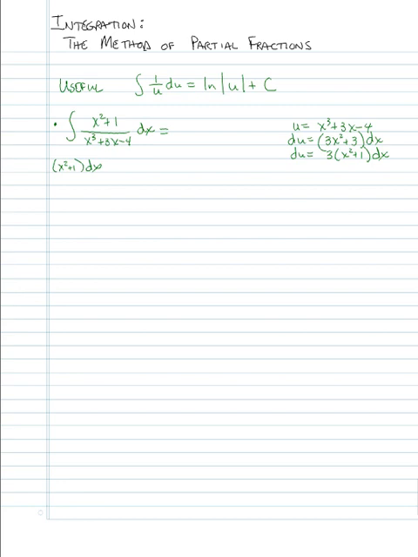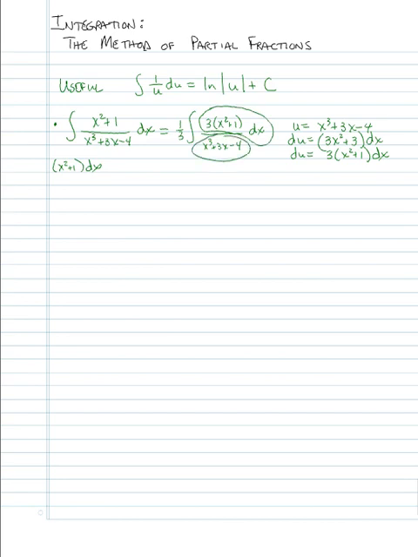So here's what we're going to do. We're going to change what we have in the numerator, and we're going to write it as 3 times x squared plus 1. Okay. Now, since I'm putting a 3 factor inside the integral, I need to offset that with a 1/3 factor on the outside. And of course, we have this dx, and we have an x cubed plus 3x minus 4. Now, the way we've set this up, all of this is a du, isn't it?